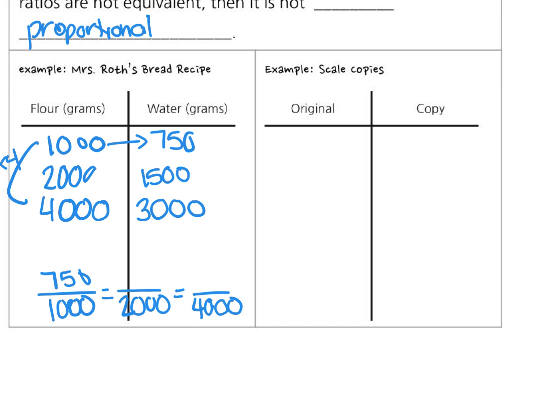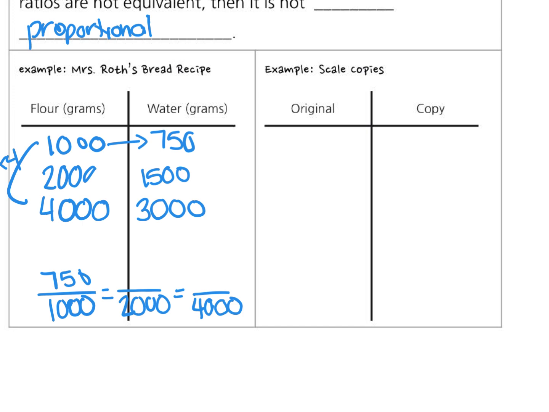The other thing we could look at is, is there a common multiplier to get from 1,000 to 750? Anyone know what 1,000 times what gives us 750? Essentially, what's the scale factor of this? Anyone remember how we got this if these were scale factors? You did it backwards. You want to take the new one, 750, divide it by your old one, 1,000. Wait, I thought I got it.